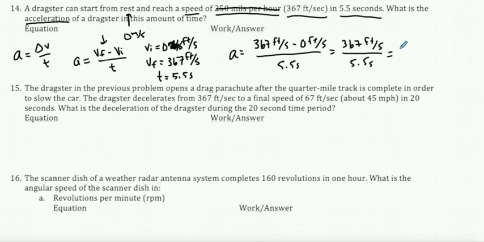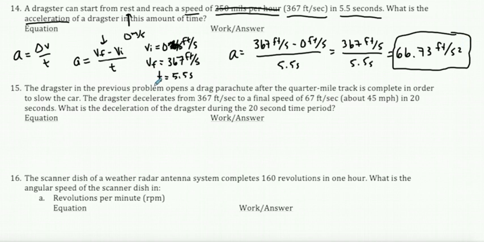So the acceleration of this car is going to be 66.73 feet per second squared. So pay attention to the label here for our answer. Remember, it's always second squared because it's change in velocity over time. So that time unit is always going to be squared.